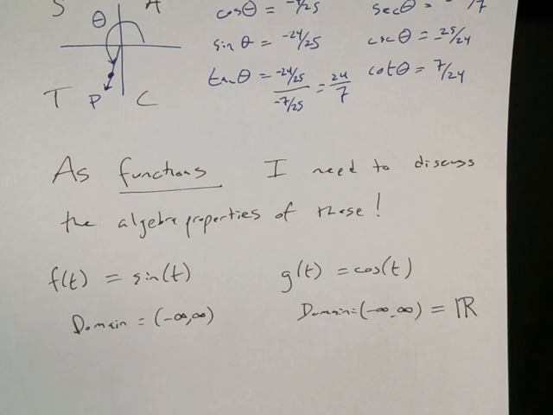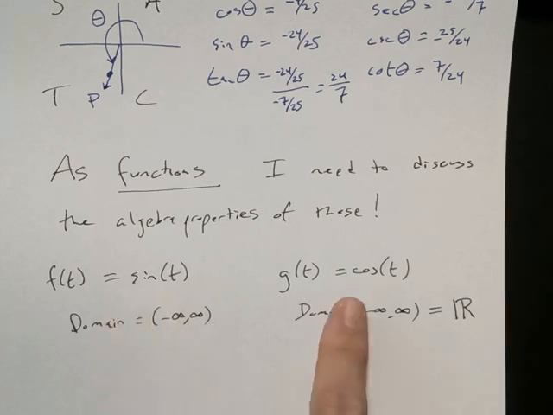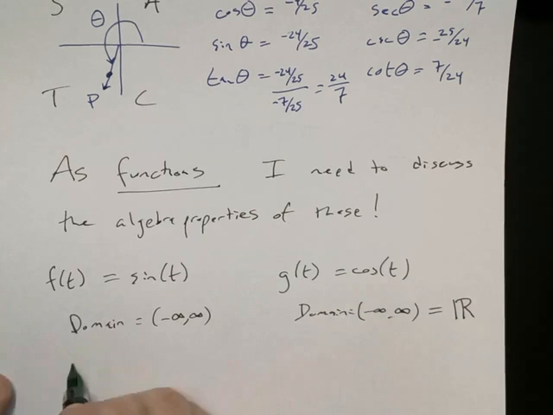Because the lowest point on my circle, that would be the smallest possible y value, is at -1. The highest point on my circle would be the biggest possible y value. Similarly, the leftmost x value is -1, and the rightmost x value is plus 1. So for both of these, I can say that the range goes from -1 to 1.